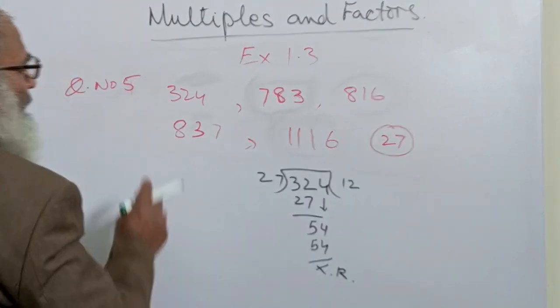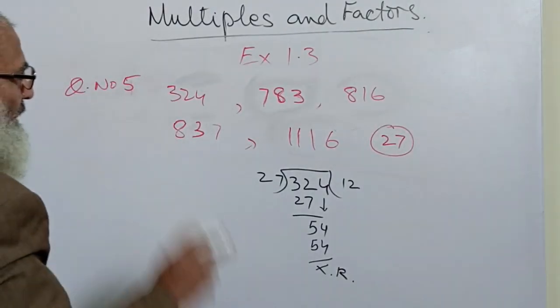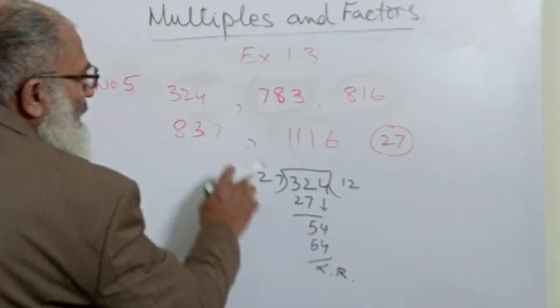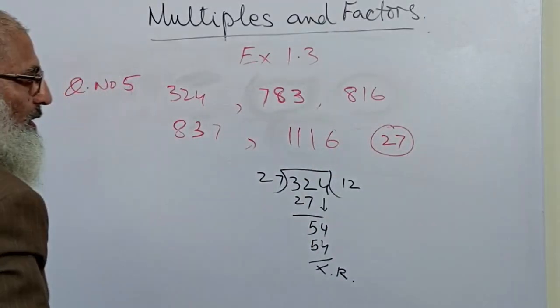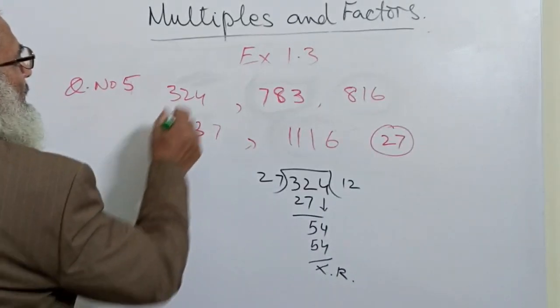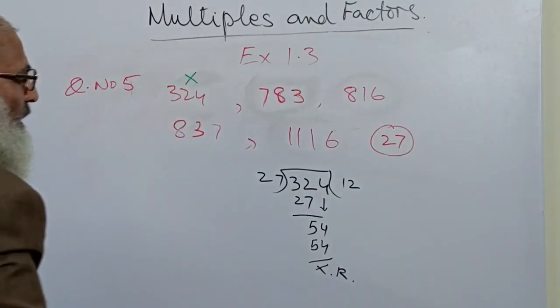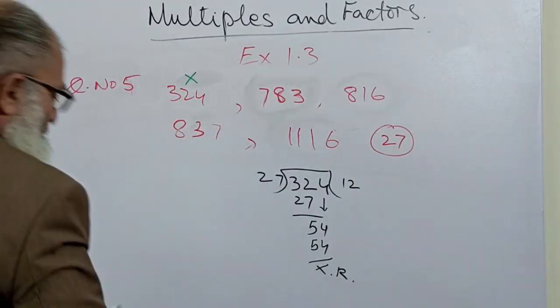So it does not qualify, because the question was which of these numbers are not multiples of 27. Since 324 is a multiple of 27, this number does not qualify as our answer.